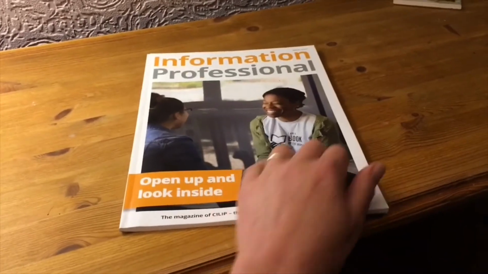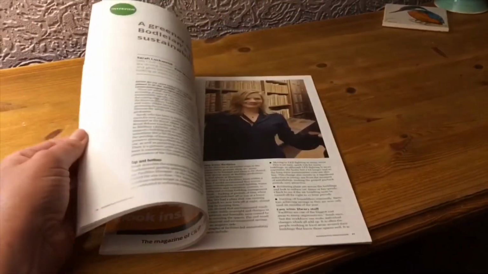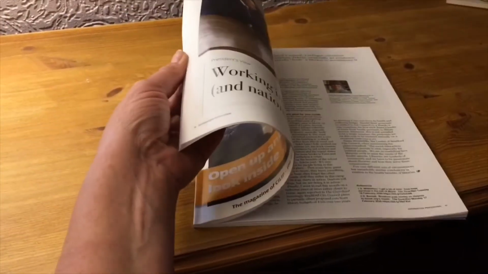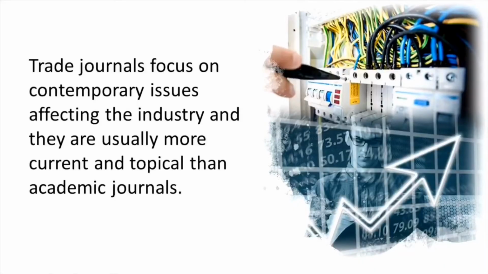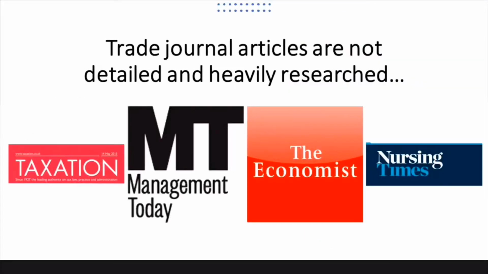Trade or professional journals are written specifically for professionals employed within a certain organisation or industry, a bit like this one. This is Information Professional, and it covers current issues and events for librarians like me. Trade journals focus on contemporary issues affecting the industry, and they are usually more current and topical than academic journals.